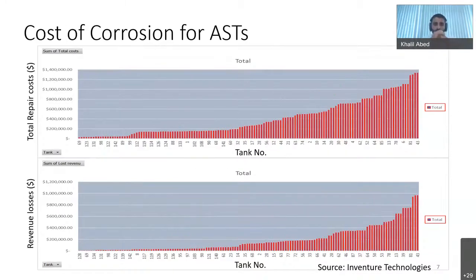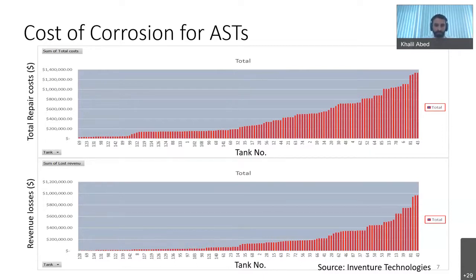Now, when soil side corrosion impacts the service life, it increases the operation cost of the tank, which is a combination of direct cost, which is the repair costs and all the costs associated with the inspection when the tank is out of service, and the revenue loss due to the downtime.